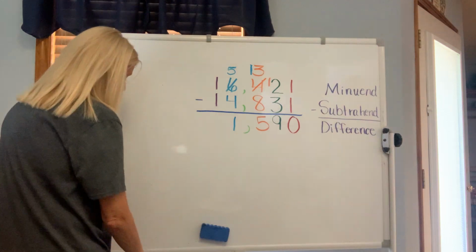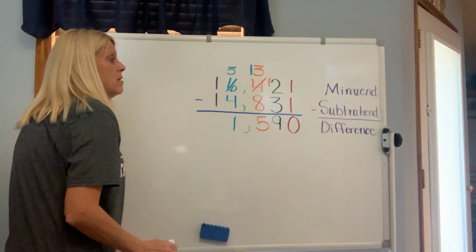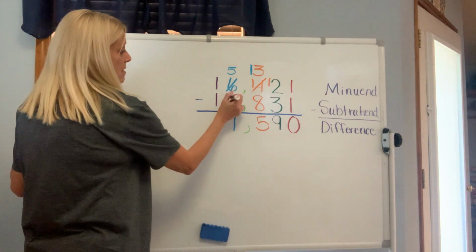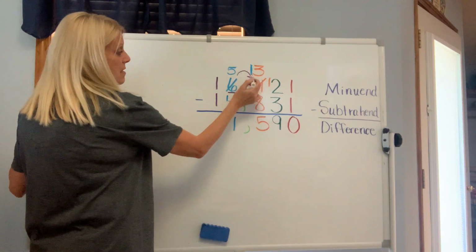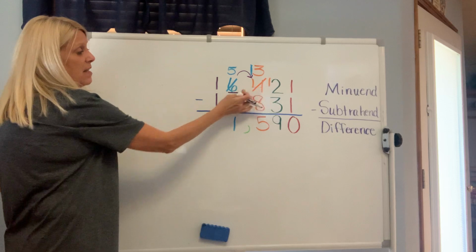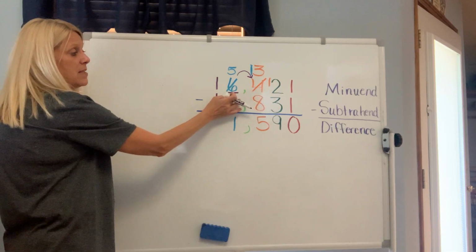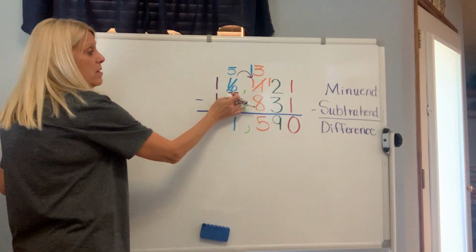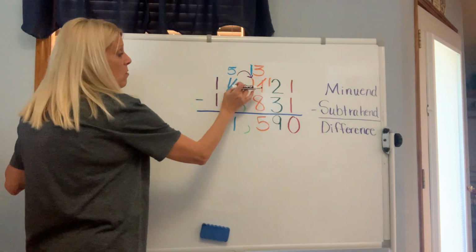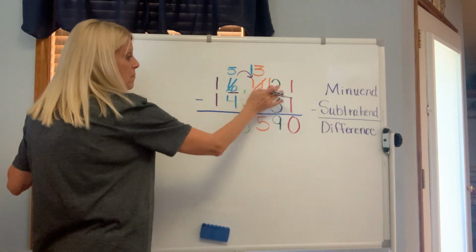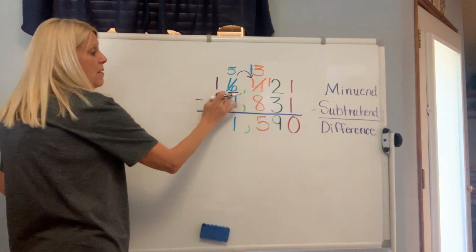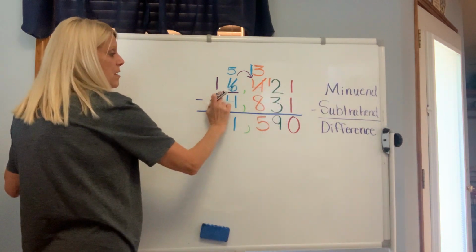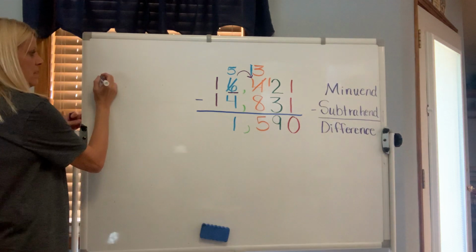Now if I were to round this number to the nearest 1,000, I look to the neighbor on the right, and that tells me that the 6 is going to stay the same. So all of the other numbers to the right zap to zeros. So I'm going to end up with the number 16,000.